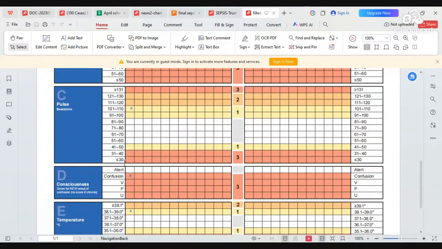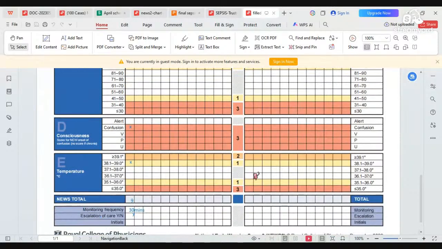Now, if she's drowsy and has AMT of 5, which means moderate impairment, it definitely means that this patient is not alert. She's not alert, so she's confused. So that gives her a score of 3. Under temperature, we had a temperature of 38.5. Now, that's in this range, and that's a score of 1.